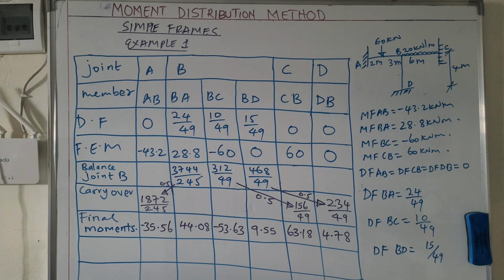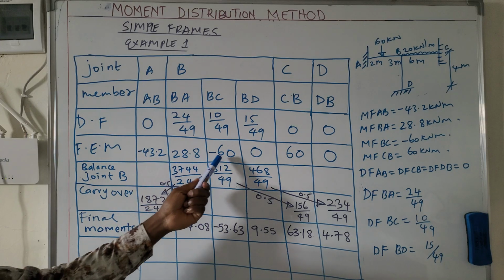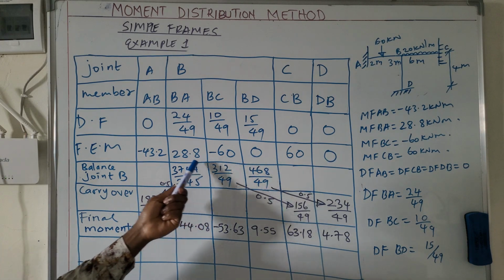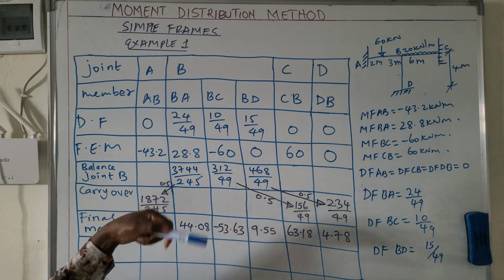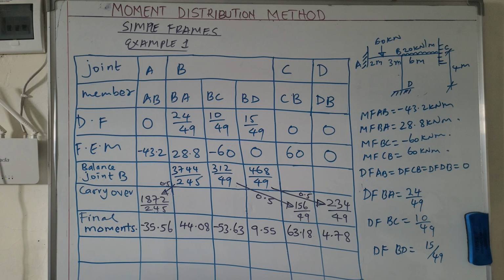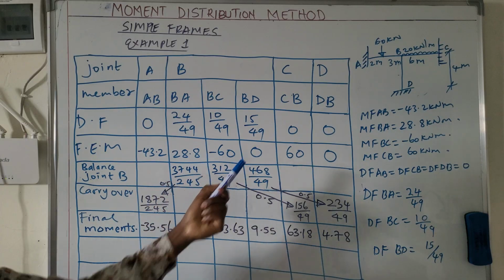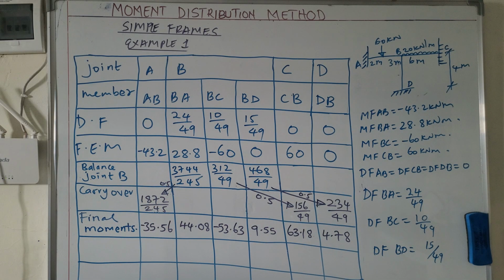But if the total fixed end moment is not equal to 0, it means it is not in balance. So the final moments of these members should give you 0.